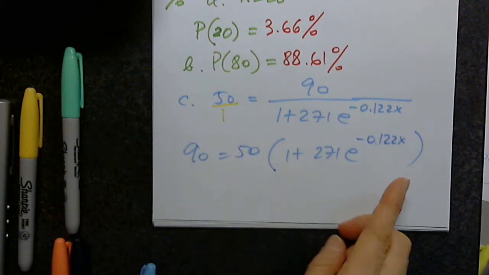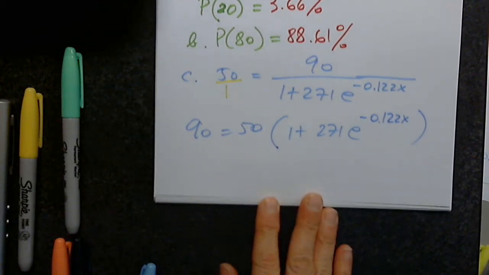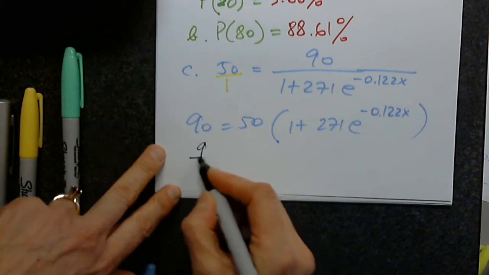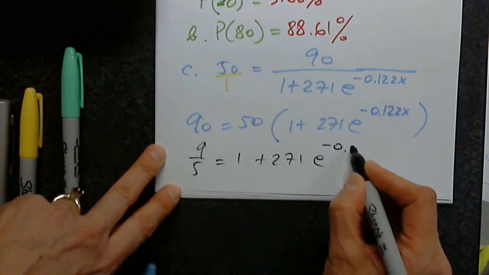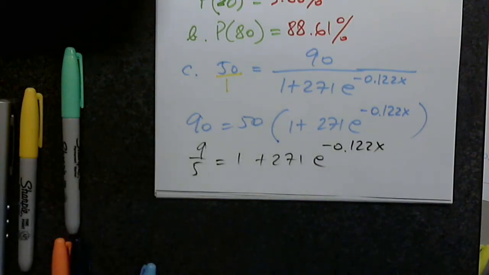I can distribute, but instead I would like to divide. 9 over 5 equals 1 plus 271 e to negative 0.122x. I divided both sides by 50. 90 over 50 is 9/5. I'm trying to clean it up. If I had distributed 50, I would eventually have gotten the same answer. Good. Now, what do I want to get rid of?